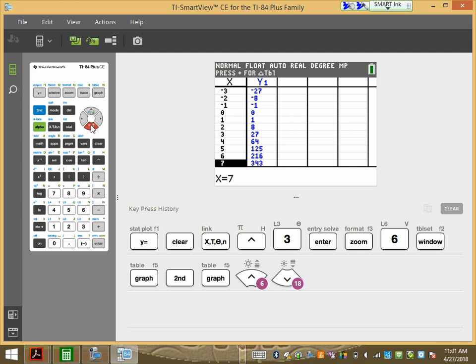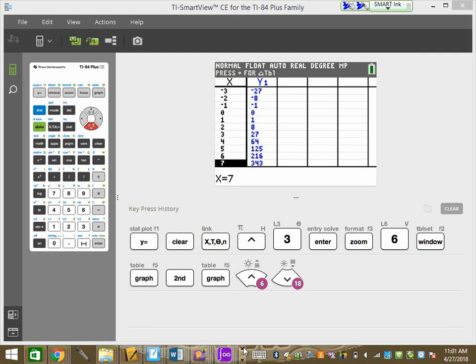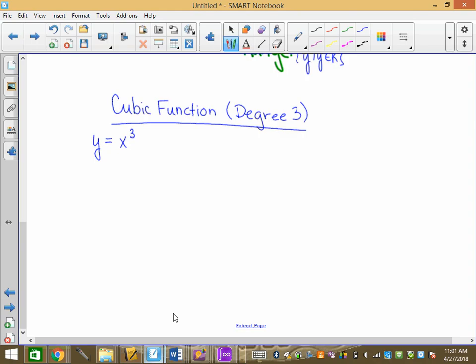So if I do this graph, on your table it says 0, 0. It says 1, 1. It says negative 1, negative 1.